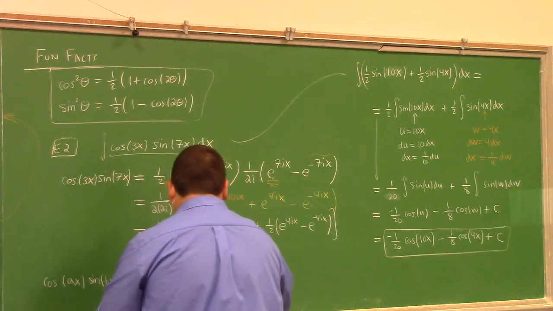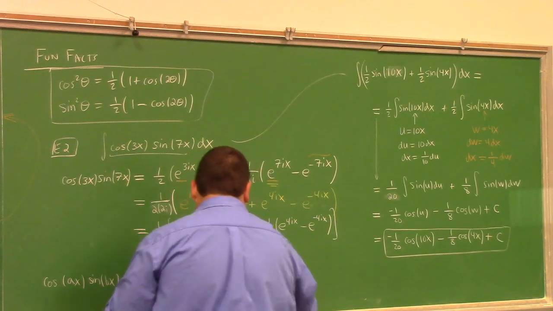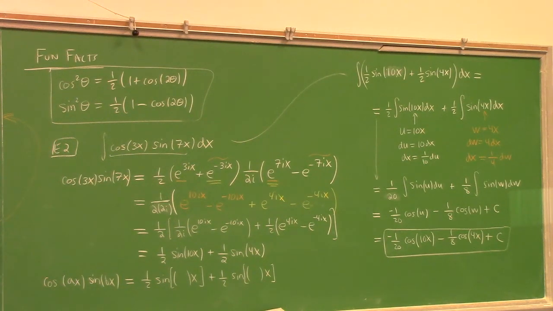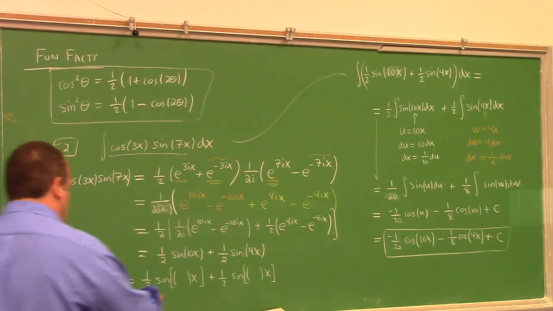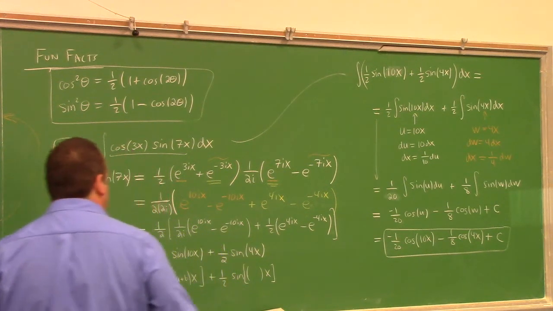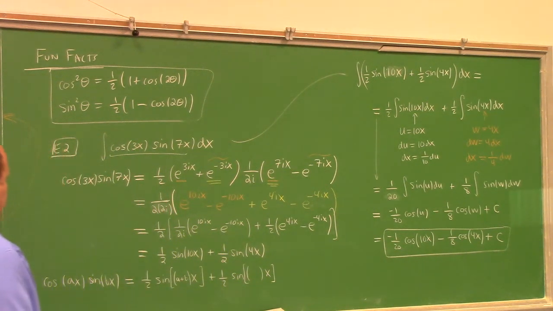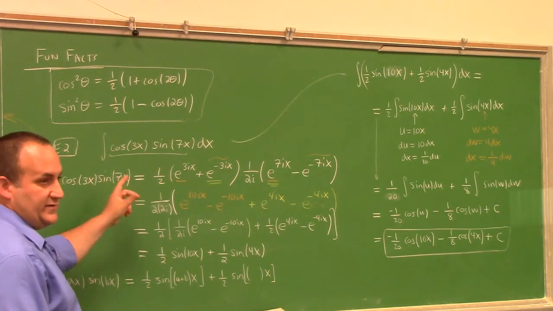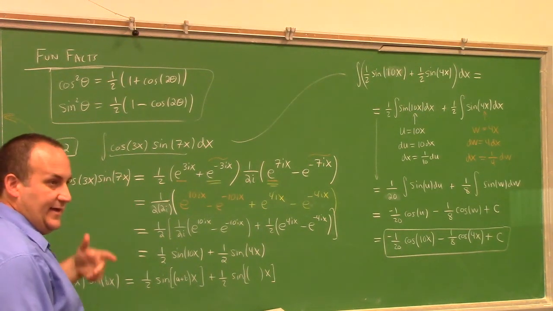Tell me what the something and the something are. How are they related to a and b? How did we get this 10 and this 4? 10 was a plus b, right? 3 plus 7. So we're going to have a plus b on the one sine. And what is it? It's 7 minus 3, right? So it's b minus a on the other term.